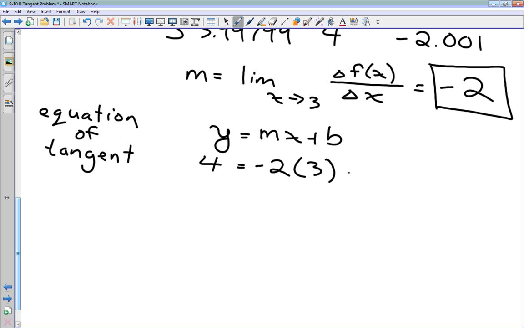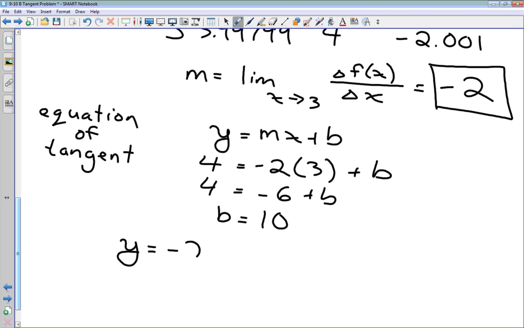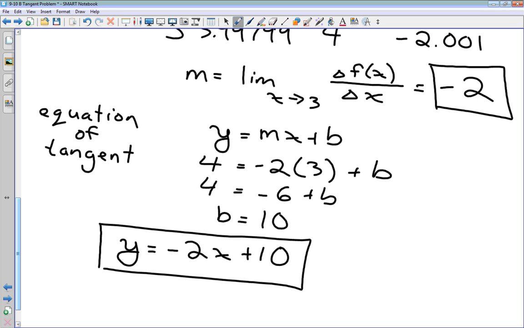So the only thing we have left to find is this value for the y-intercept, b, which is pretty easy. 4 equals negative 6 plus b, so b must equal 10. So the equation of our tangent is y equals negative 2x plus 10. And there we are done.